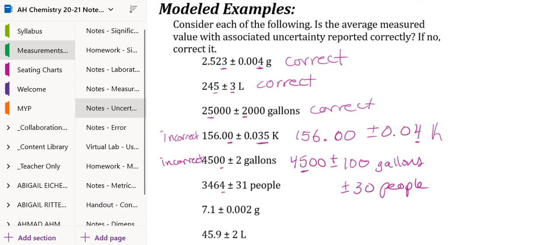No. My uncertainty is bigger than the ones place. So I can't, within reason, report that value. So how am I going to report this average number of people? 3,460.